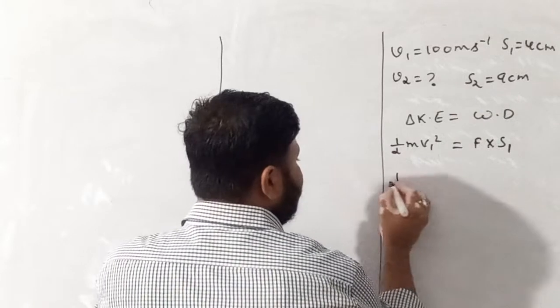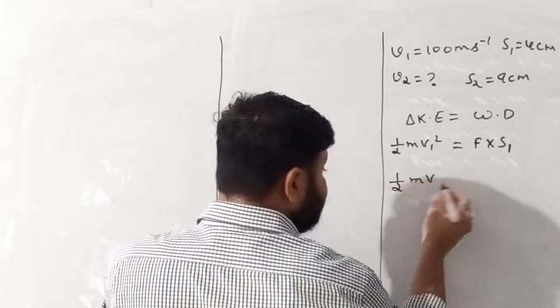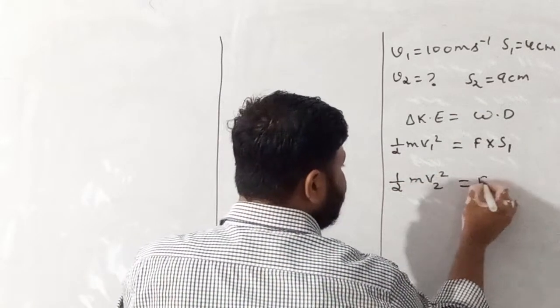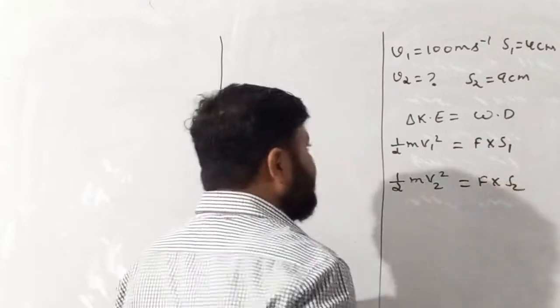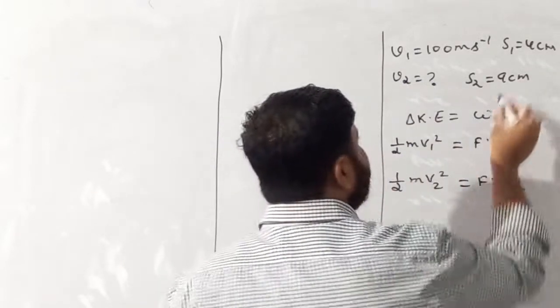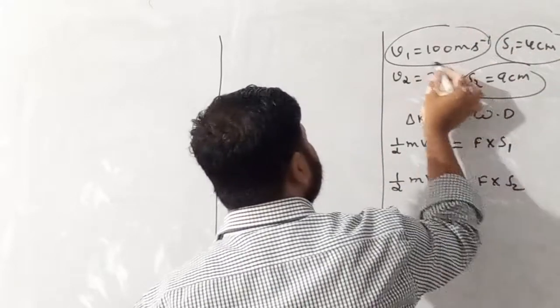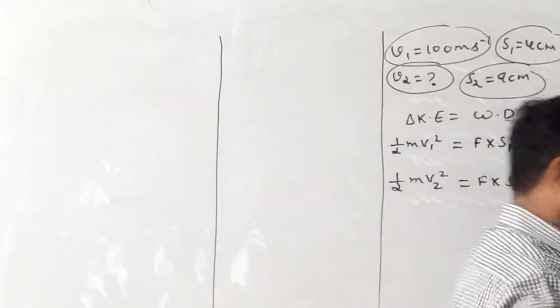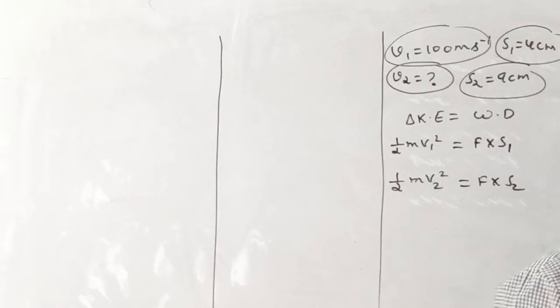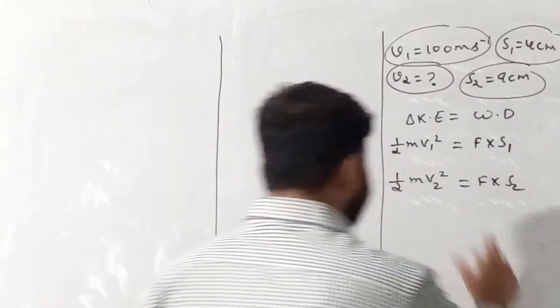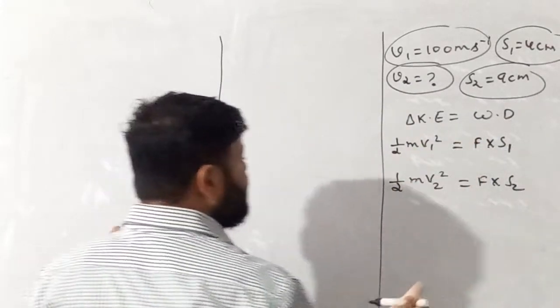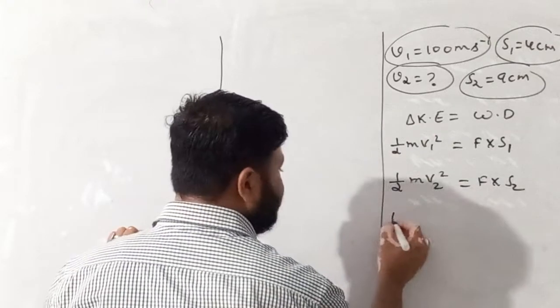For the second case we can write half m, mass remains the same, V2 square equals force into S2. Now S1 is given, S2 is given, V1 is given, and we have to find V2. So just simple, my dear student, take the ratio of both equations.